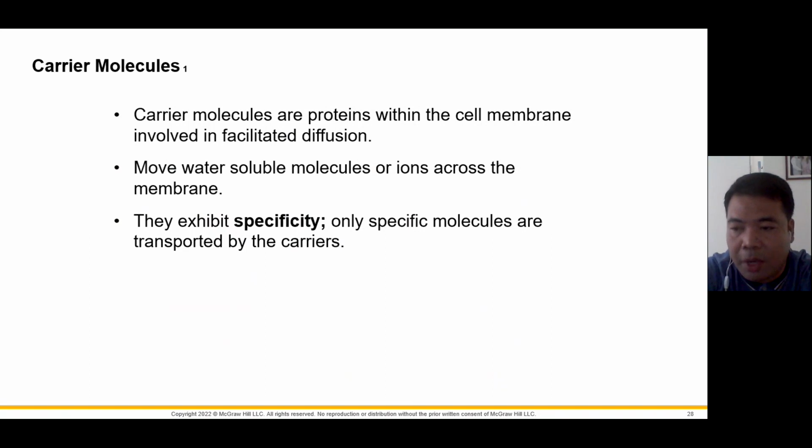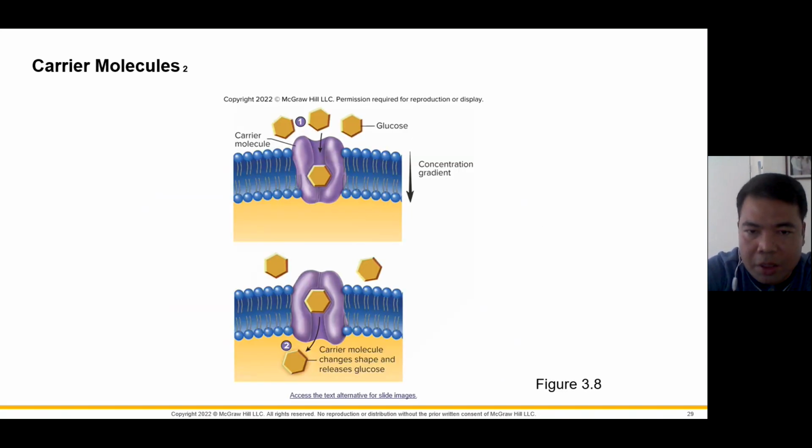Again, facilitated diffusion makes use of either a channel or a carrier molecule in order for those substances to move down their concentration gradient. Carrier molecules are proteins within the cell membrane involved in facilitated diffusion. Carrier molecules exhibit specificity. Only specific molecules are transported by carriers.